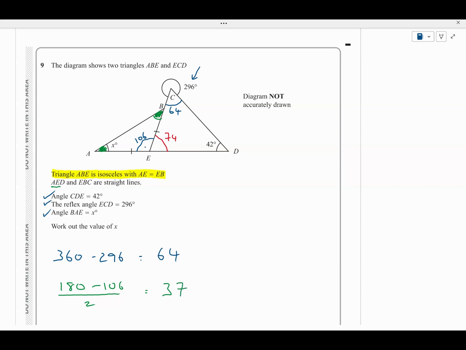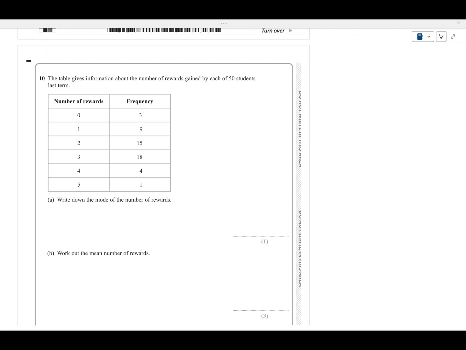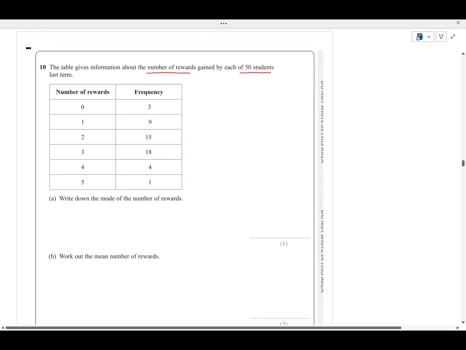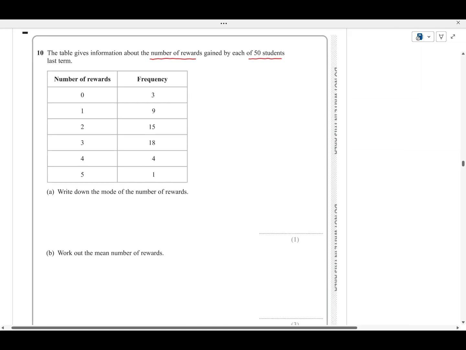And that is question 10. Right, this table gives information about the number of rewards gained by each of 50 students. If there are 50 students, then these frequencies will add up to 50. So I write that there to remind me.